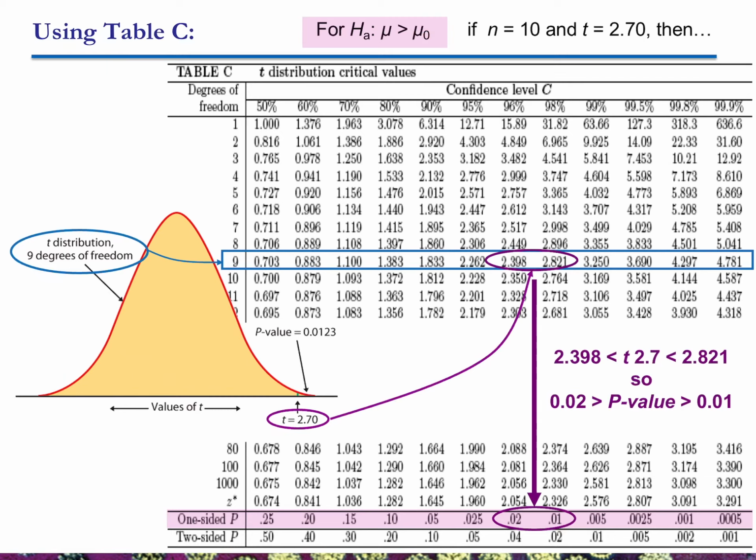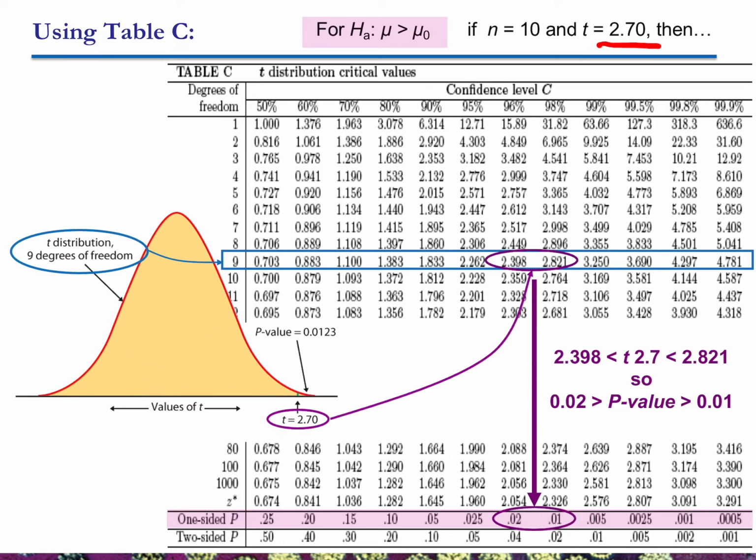You should know already, based on the empirical rule, that because that's more than 2 standard deviations away, we're probably better than 95% certain that that sample mean is not from this population. It's too far away from that hypothesized mean. So in this case, we're going to reject that null hypothesis. But let's look at the p-value to find out if that's true.